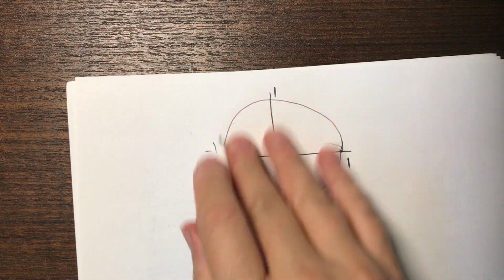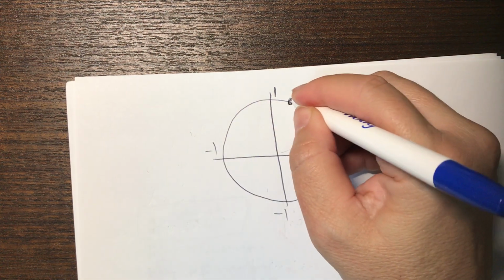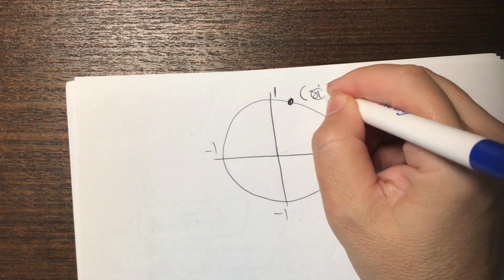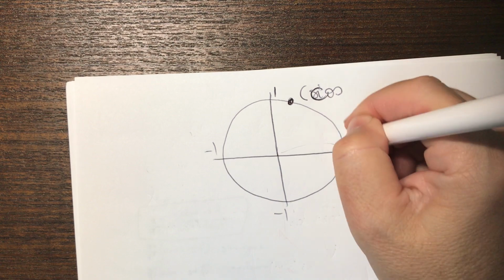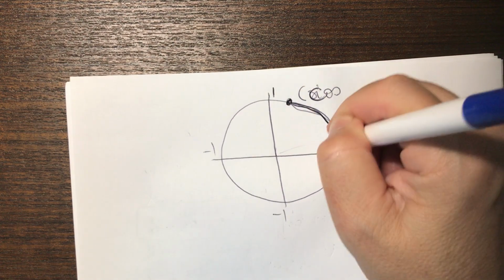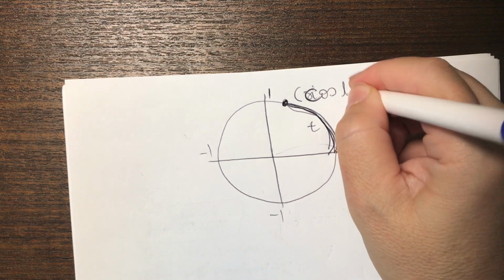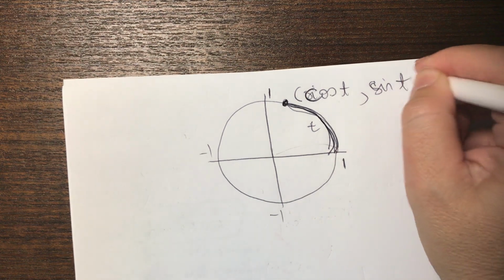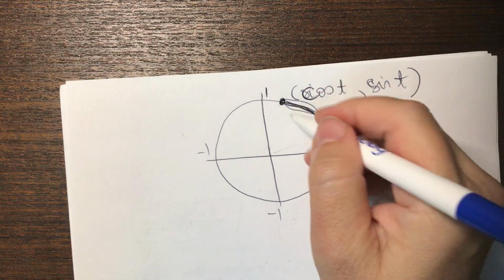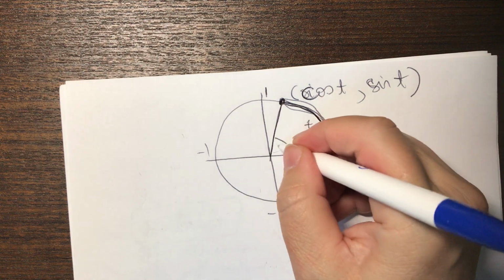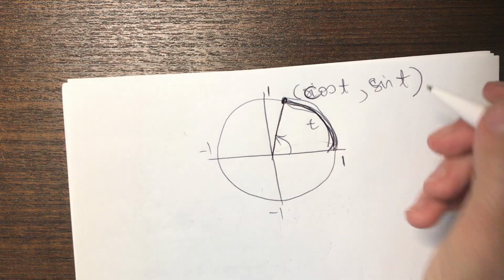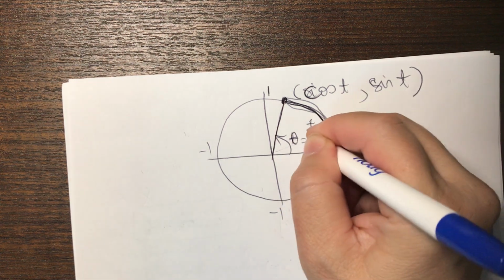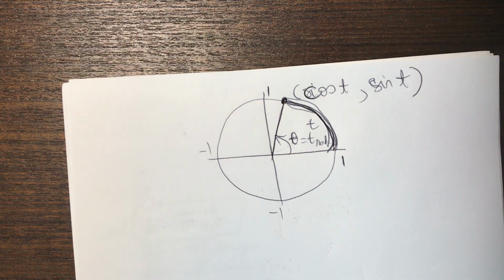If you pick any point on this circle, the x coordinate is the cosine value of some number, whatever this t long is, and the y coordinate is the sine value of this t long, whatever it is. Which, by the way, is the same thing as cosine or sine of this angle theta here that measures t radians. Okay, so there you have it.